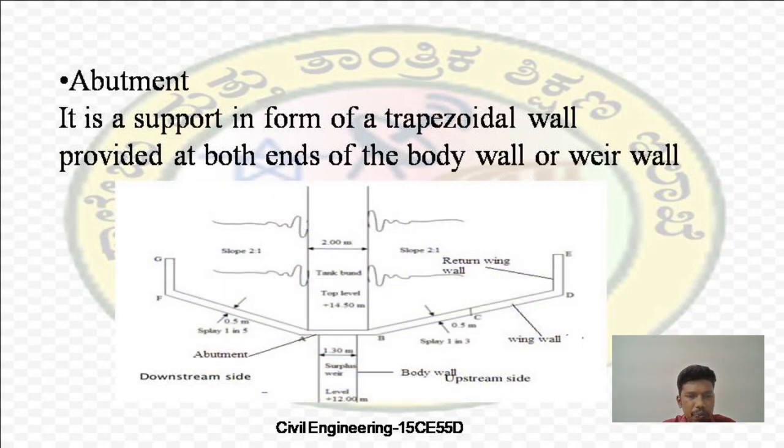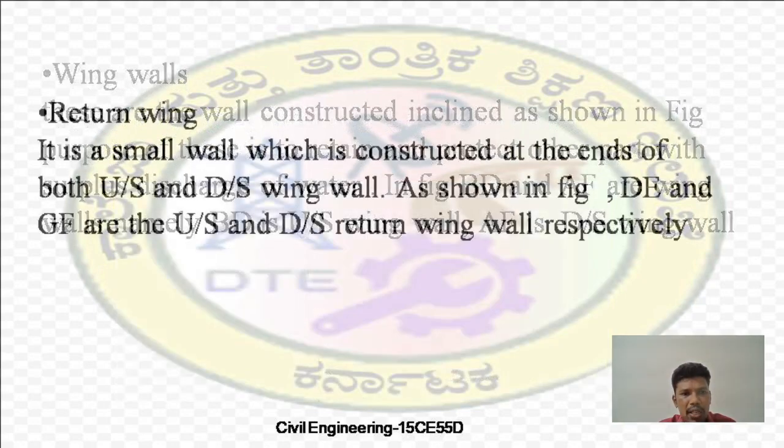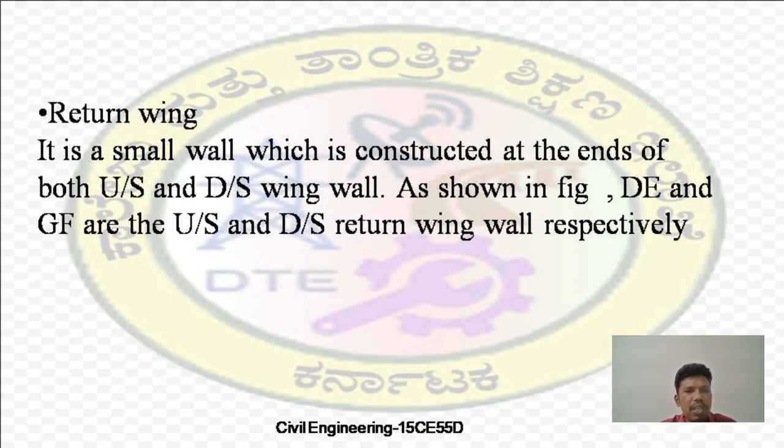In the figure we have GF and DE. Look, GF and DE are the perpendicular walls which are known as return wing walls. It is a small wall which is constructed at the ends of both the upstream and downstream wing walls.